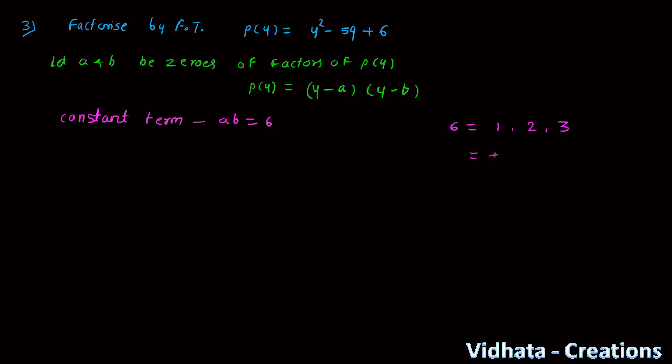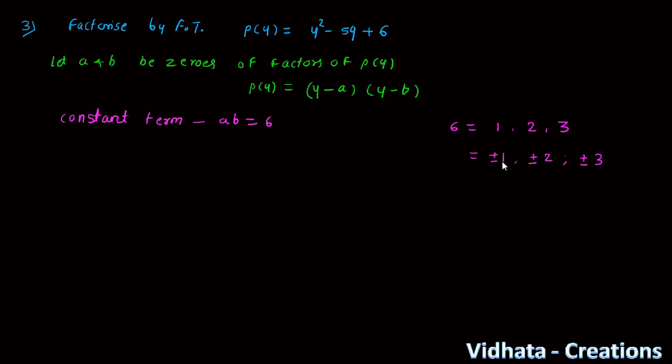So I will write one possibility is plus and minus 1, another possibility is plus and minus 2, and the next possibility is plus and minus 3. But here, like the last example, I have to take positive as well as negative values, because if you observe the polynomial, one of the signs is negative. So we can't say whether the plus value or the minus value will work. For that, let us check each value.